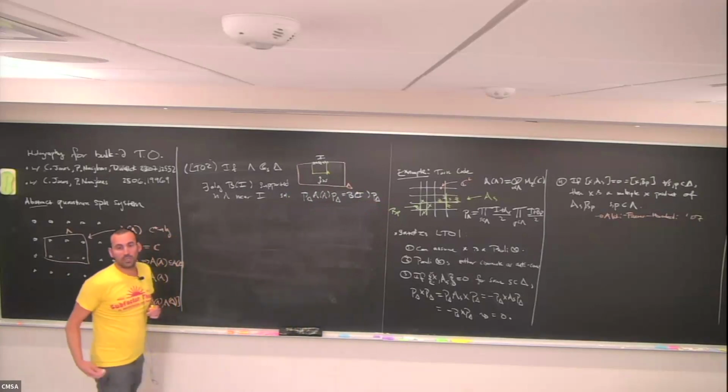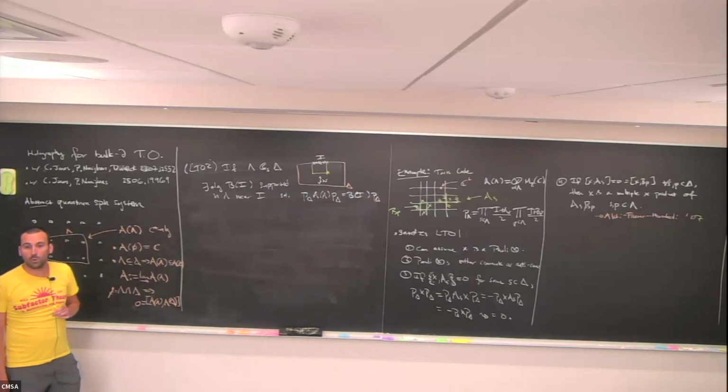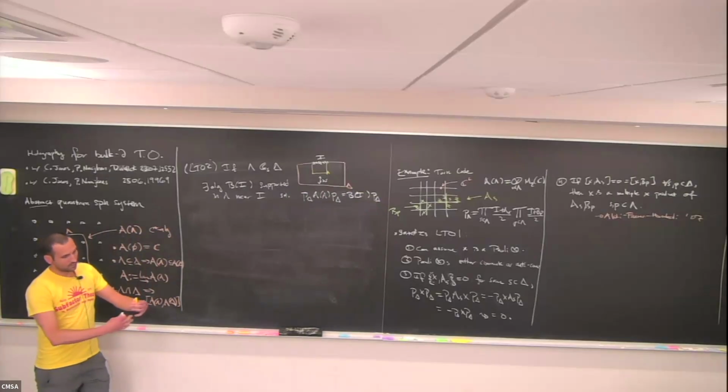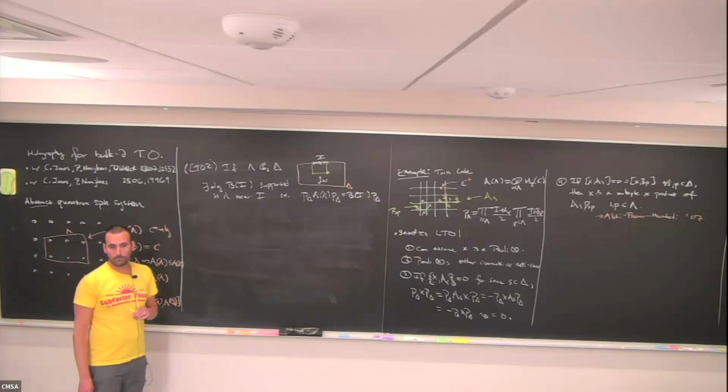So B of I is now playing the role of the scalars from LTO1. The way you can think about this is that was an error correction thing that allows you to correct errors. Now what this is saying is all those errors, they kind of coalesce in that boundary.